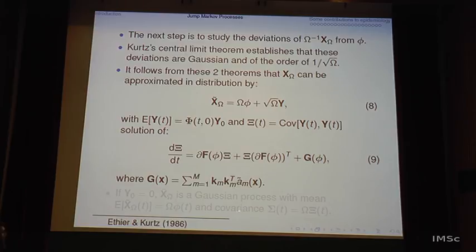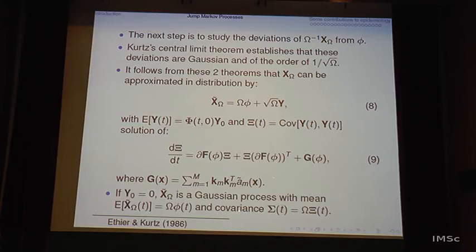So actually, following these two theorems, you can approximate in distribution the stochastic process X by the sum of two processes, one deterministic and one stochastic, with the right scaling factor. And because this is Gaussian and this is the solution of the deterministic system, you can also write some equation for the variance, for instance, of this process.